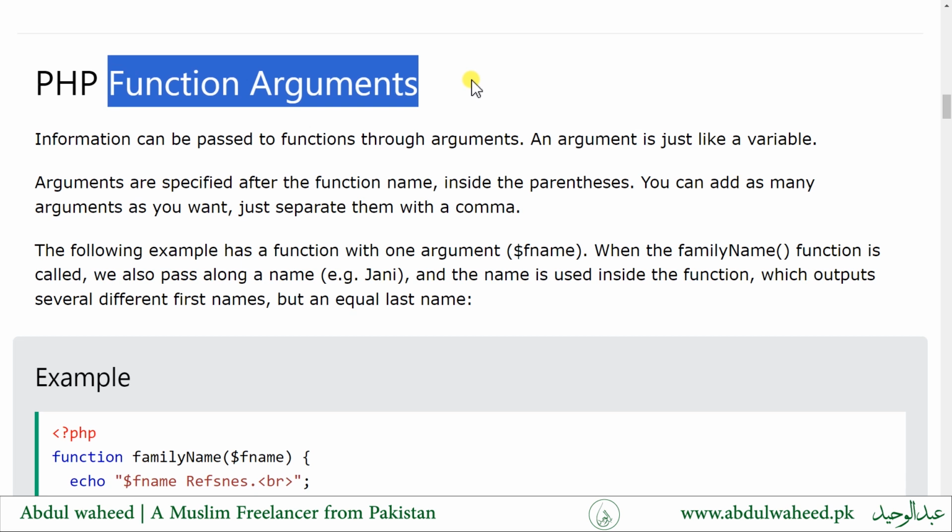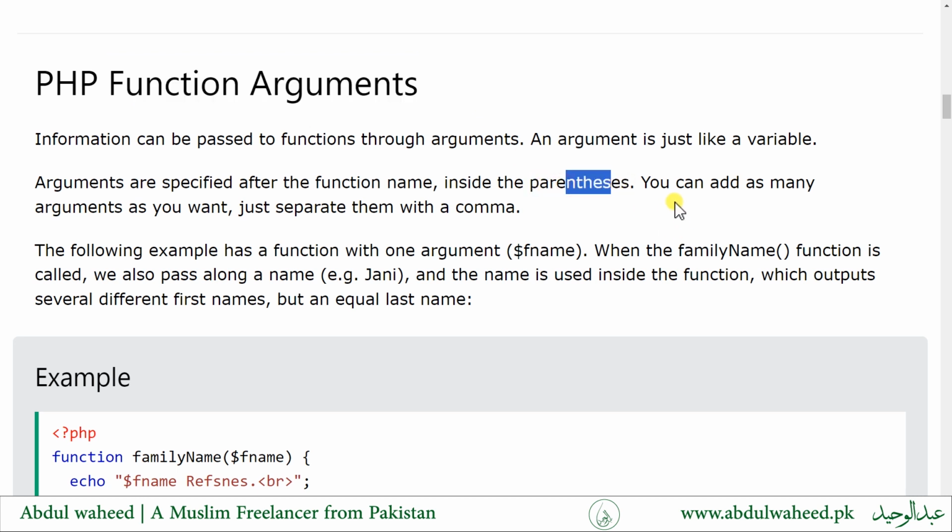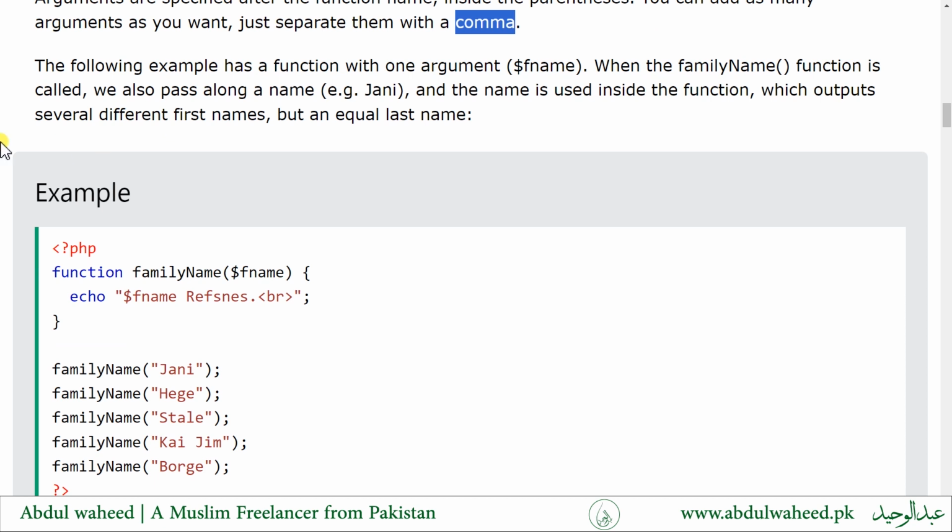PHP function arguments. Information can be passed to functions through arguments. An argument is just like a variable. Arguments are specified after the function name, inside the parentheses. You can add as many arguments as you want, just separate them with a comma. The following example has a function with one argument, fname.